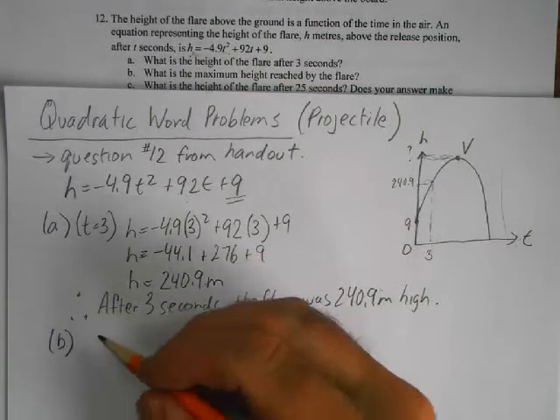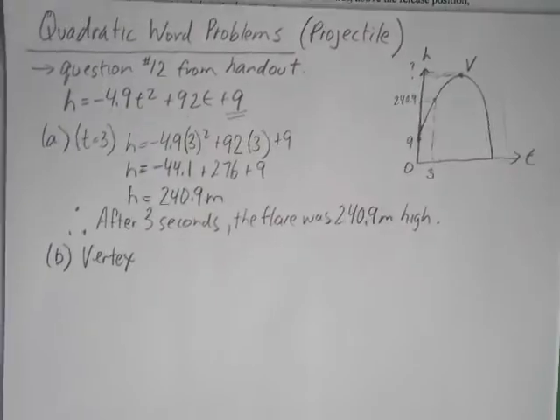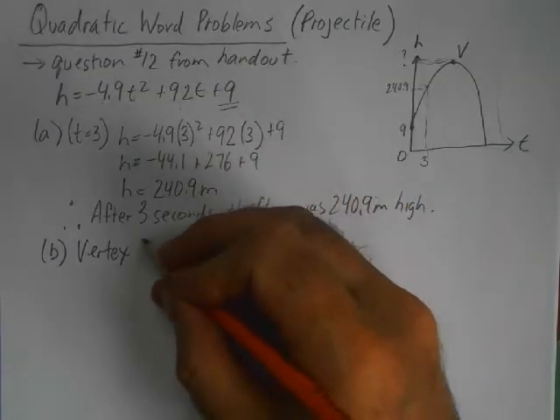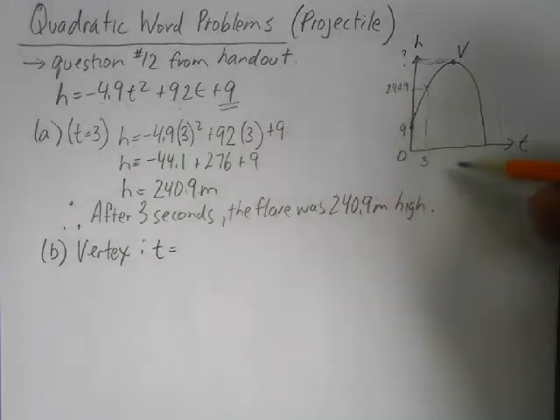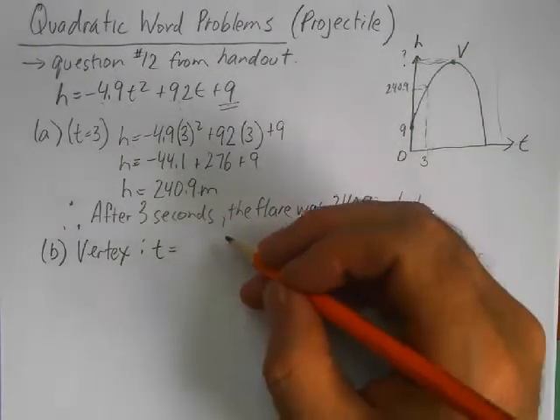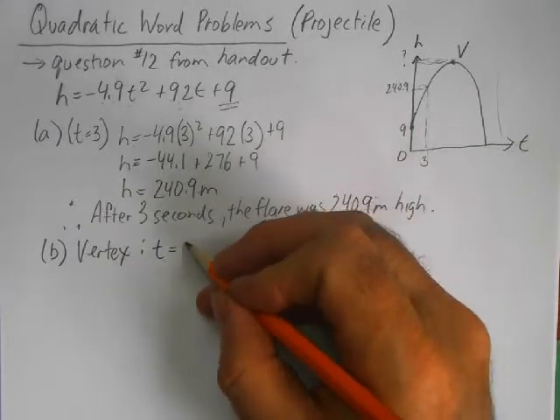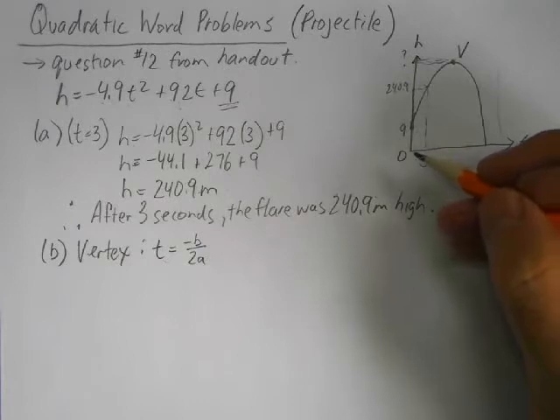So we're trying to find the vertex. The value of t, or x, t is the x in this equation. The t coordinate of the vertex is negative b over 2a. That's our shortcut.